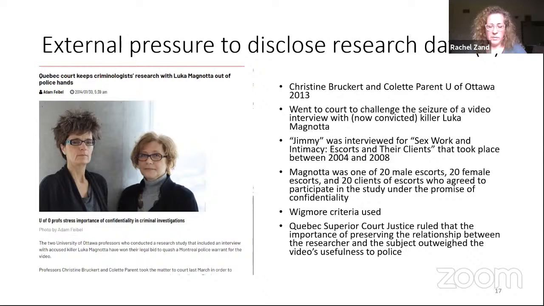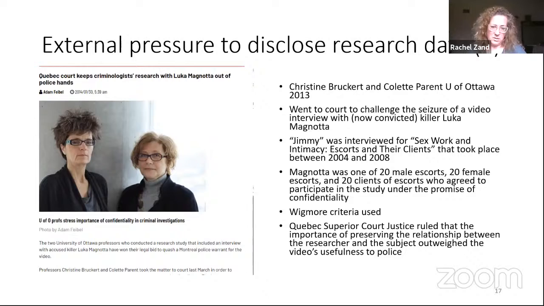I believe the president at the time was Paul Martin, who, obviously, being part of the government previously, had a different lens on this. And so there was a lot of pushback in terms of having legal support for these researchers.